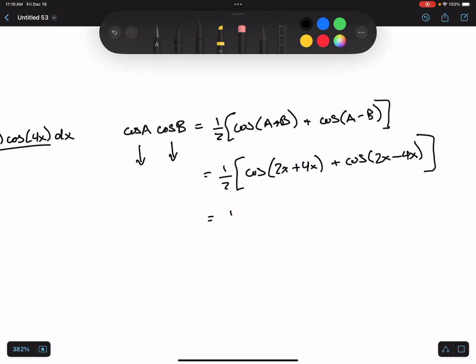Simplifying, we get 1/2 times cosine 6x plus cosine 2x.